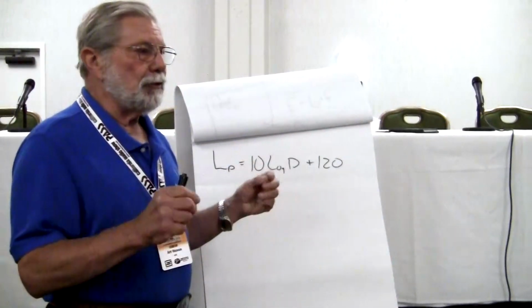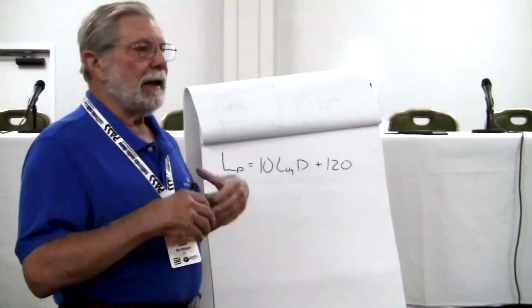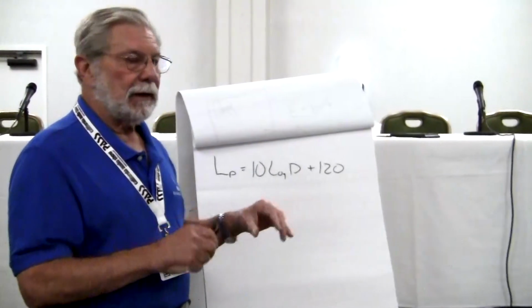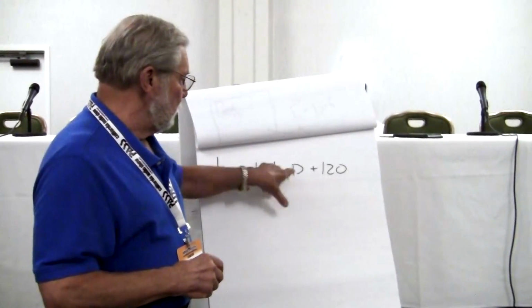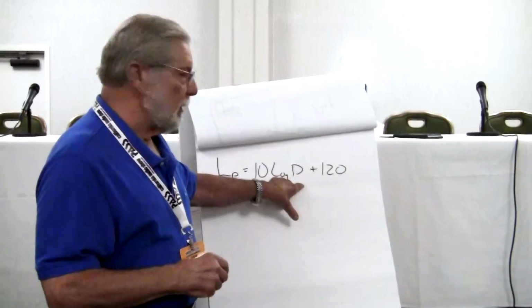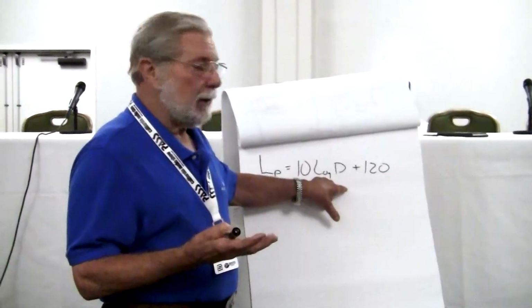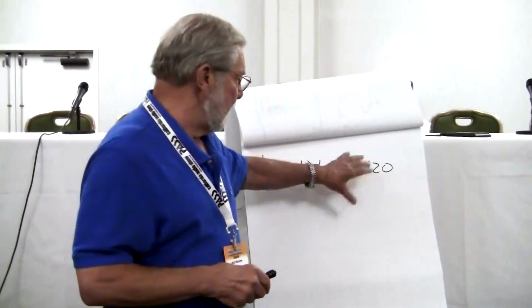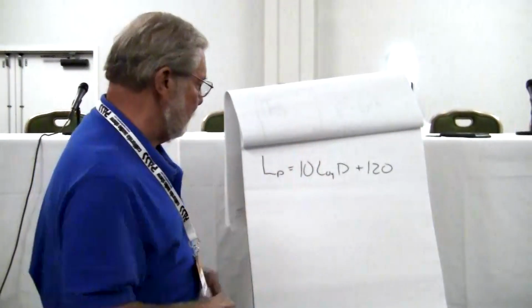So if you put just a little bit of sound in a room and it's ricocheting around the room and you can't hear it, that's your threshold of hearing. And this ratio is really D over D reference, which is the threshold of hearing. And that value is 120 when you take it out of the equations. Anyway, that's what I discussed.